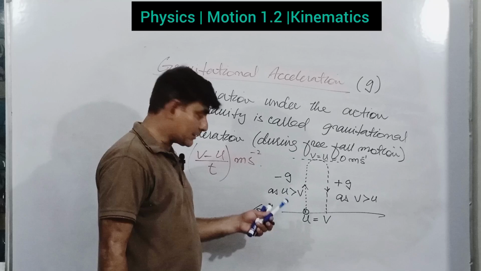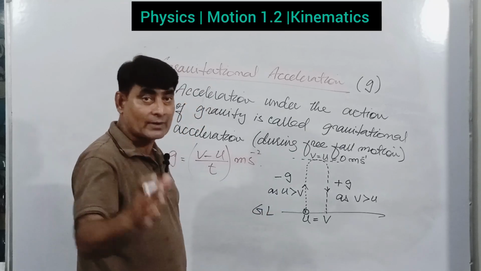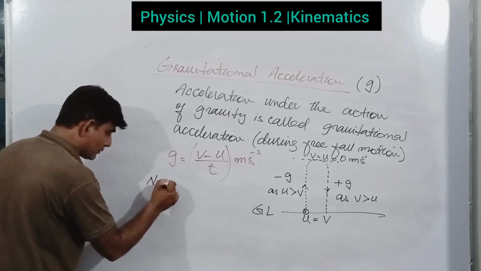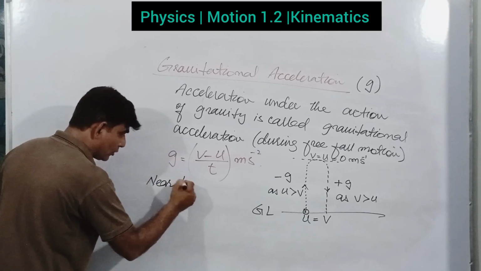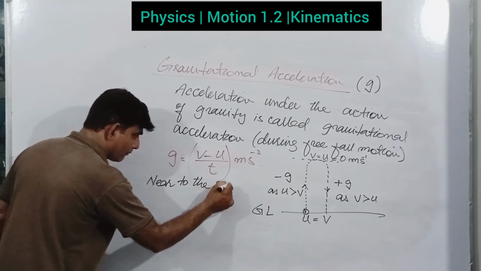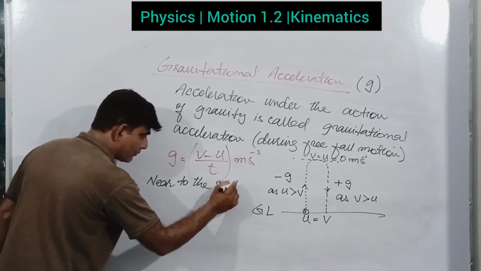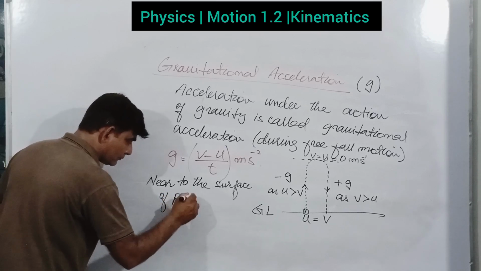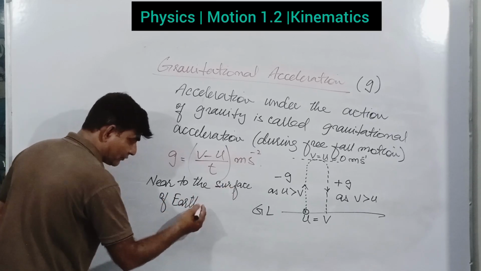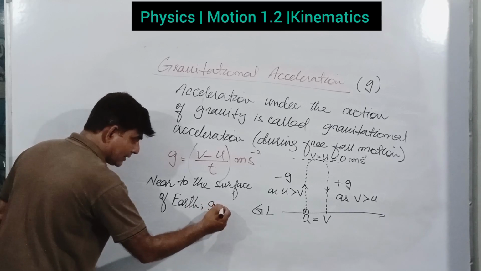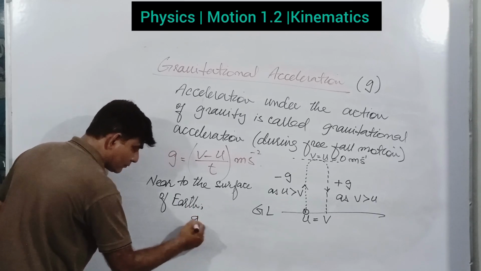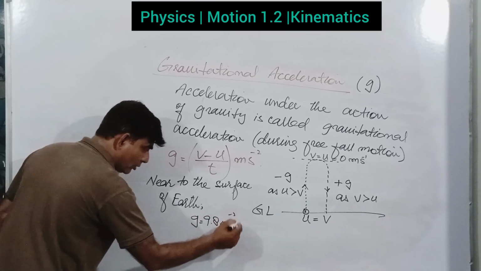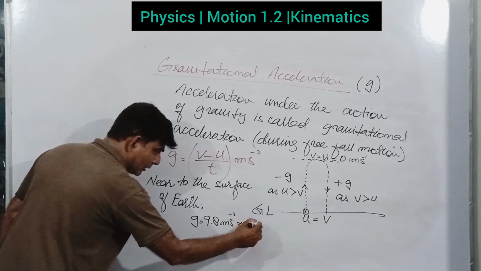So for the upward direction consider negative, and near the surface of earth, the value of g is 9.8 meter per second square or 10 meter per second square.